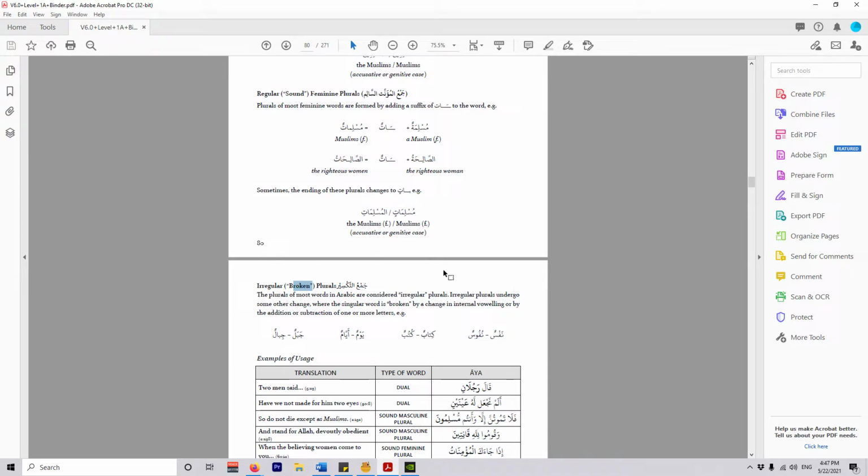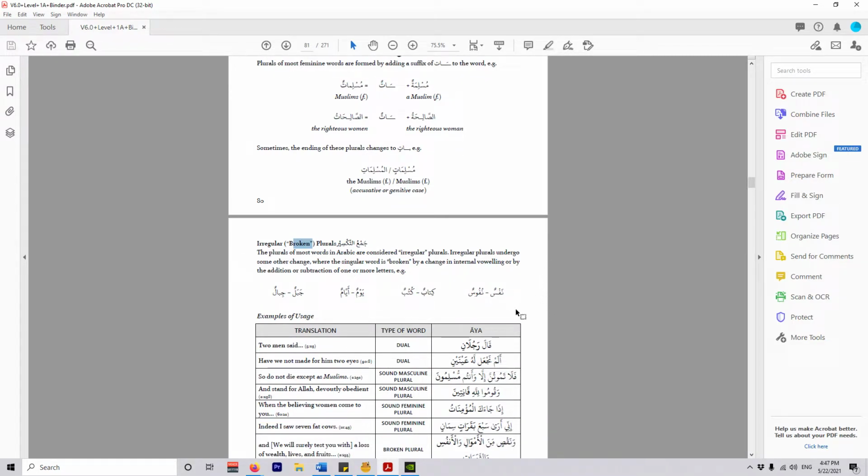So jam'u at-taksir, taksir means broken, so jam'u is plural. We have nafsun, which you could translate to ego or soul, or even the Freudian id, becomes nufusun, and kitabun becomes kutubun, so book, and then books is plural. Yaumun, a day, becomes ayamun, so days.